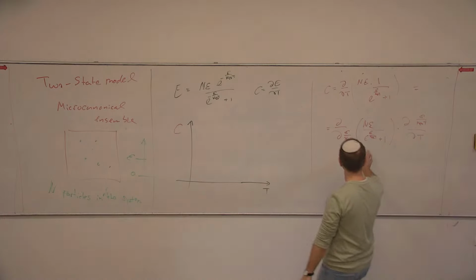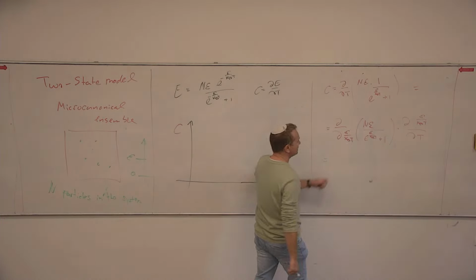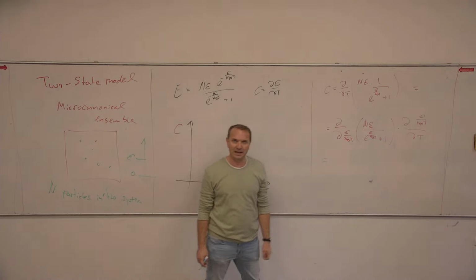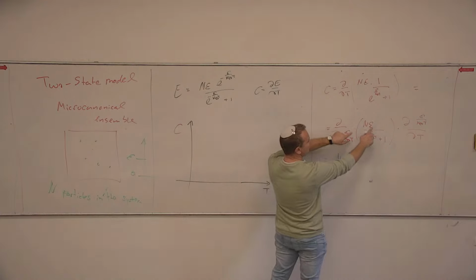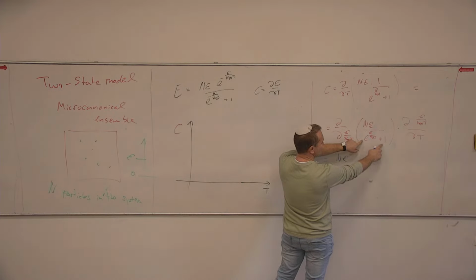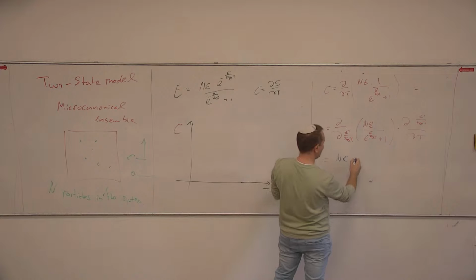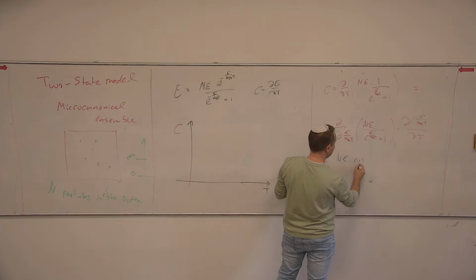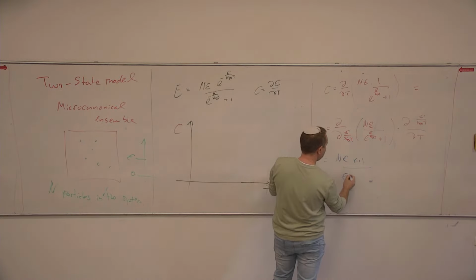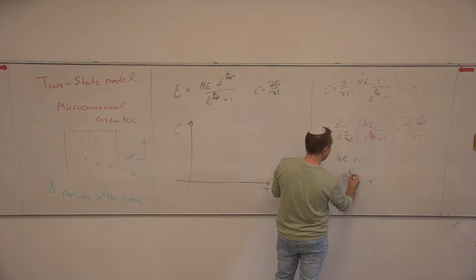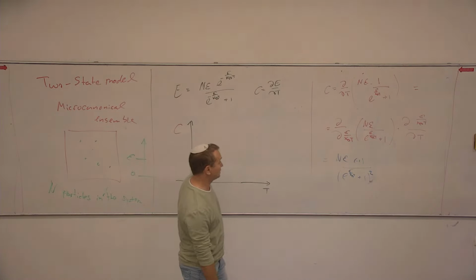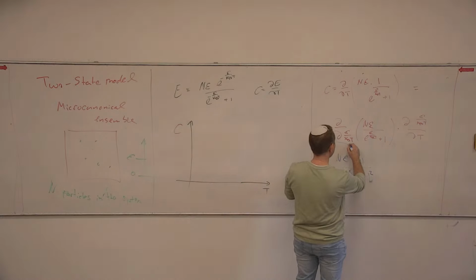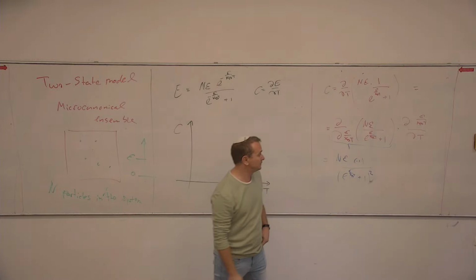Great. So n epsilon stays exactly n epsilon, nothing happens. I'm taking the derivative of 1 over e to the epsilon over k Boltzmann t plus 1, so what I obtain is minus 1 divided by e to the epsilon over k Boltzmann t plus 1, to the power of 2. Okay, this is what it gives us.